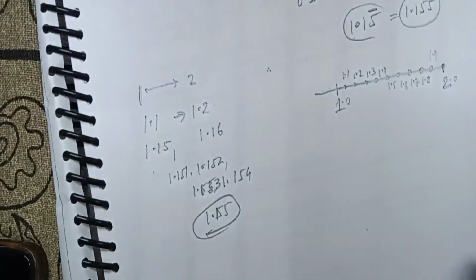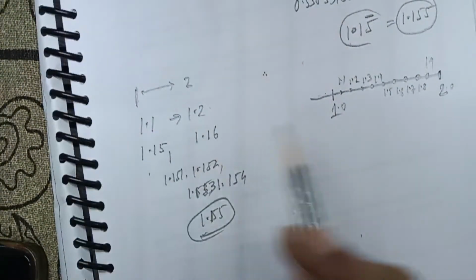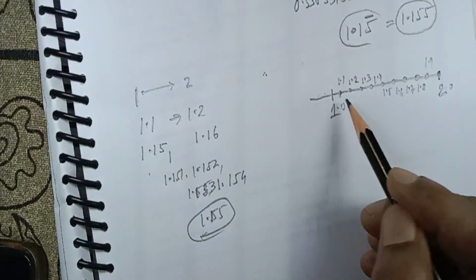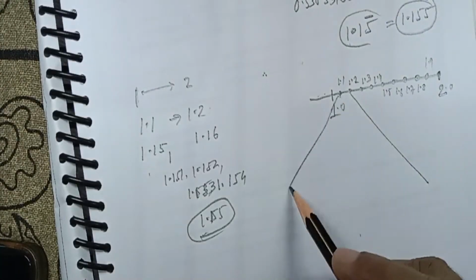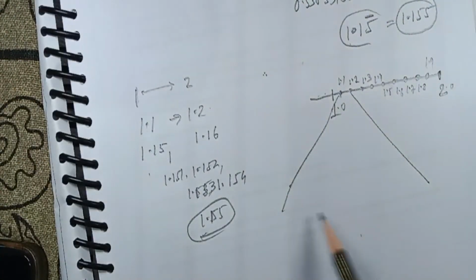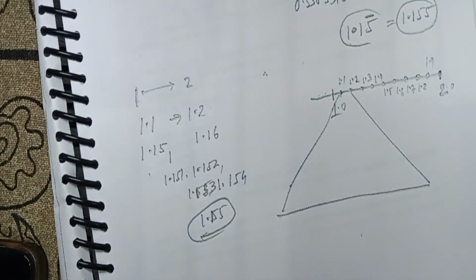Okay, like that. So again it will come 1.1. 1.1 is here and 1.2. So you have to magnify it.